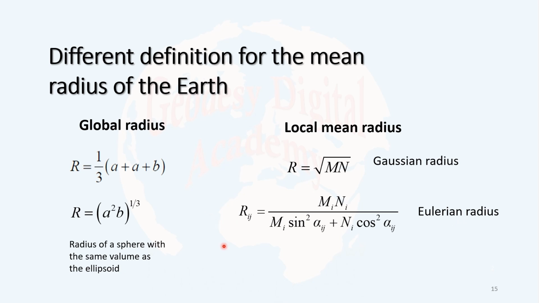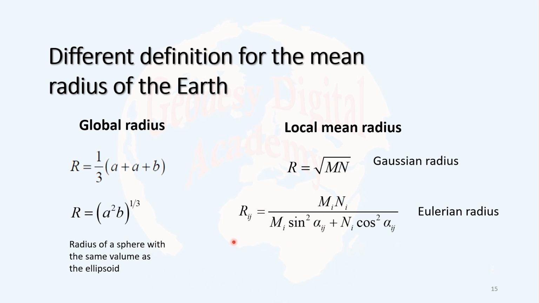The Eulerian radius is defined between 2 points, but the Gaussian radius is defined only at 1 point. It should be clear. But the Eulerian radius is at 2 points. And this alpha is the geodetic azimuth between the points, which we will discuss later. Mi and Ni, since i is defined as the first point, are therefore the radius of curvature and the radius of prime vertical at the first point in the formula.